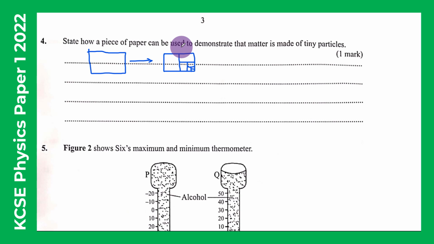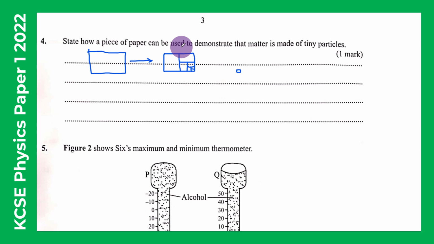If you imagine that you put together those other particles in order to form the original, you will find that the original paper can be formed by putting those very small particles together until you get the original paper. And that is proof that when you see this original paper, it is made up of other tiny pieces of paper. And so is every form of matter.